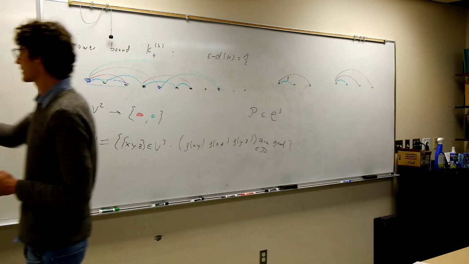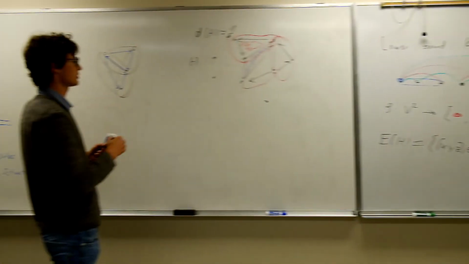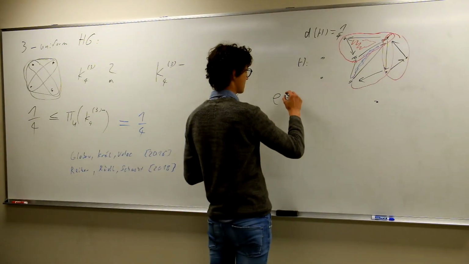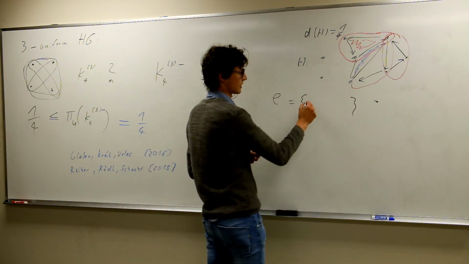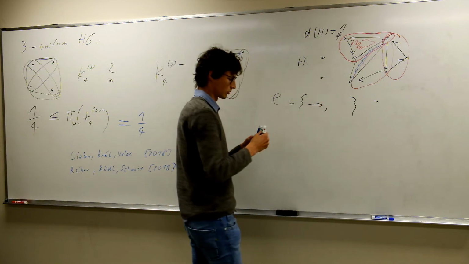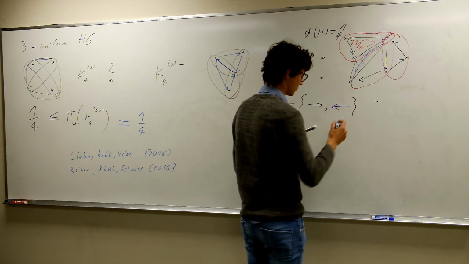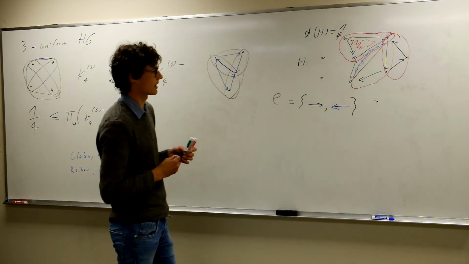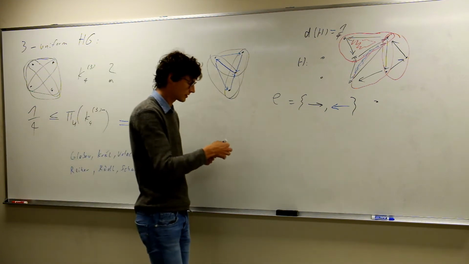So getting back to this example, what's the color set I could use? Basically arrows that go in one direction and arrows that go in the other direction. So each pair can be colored by one of those.